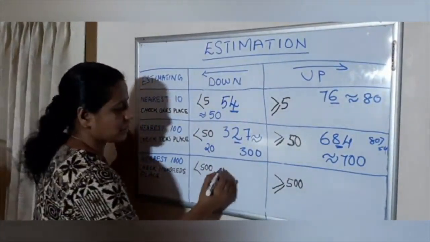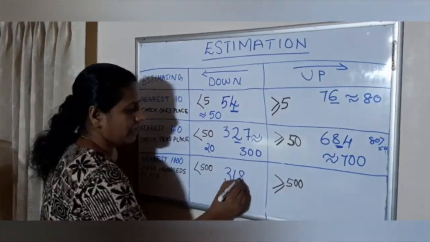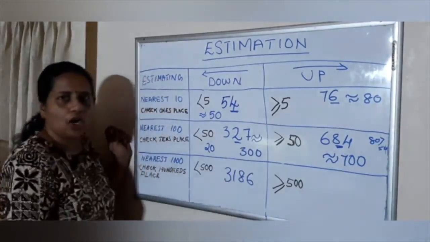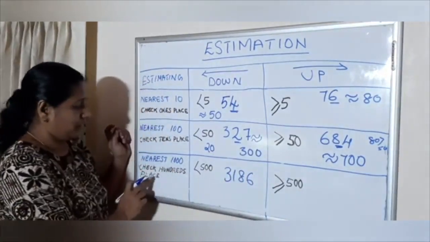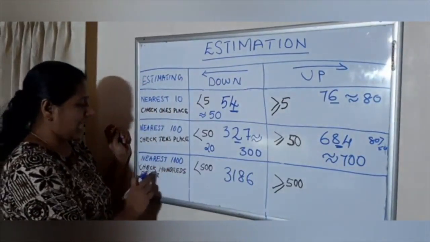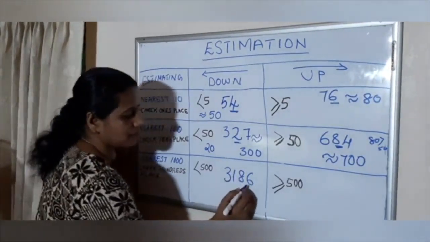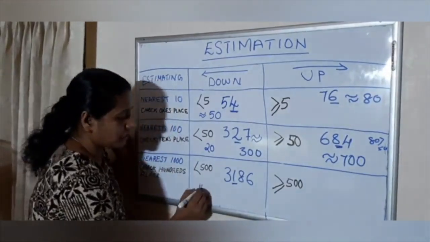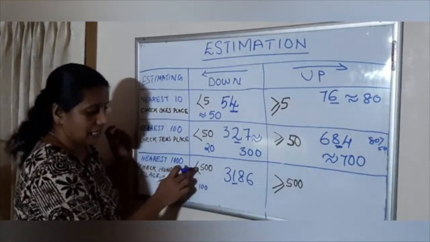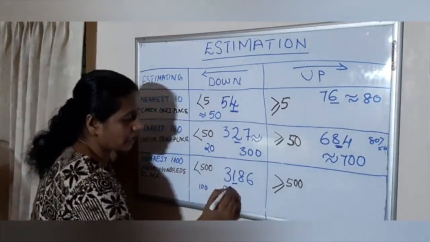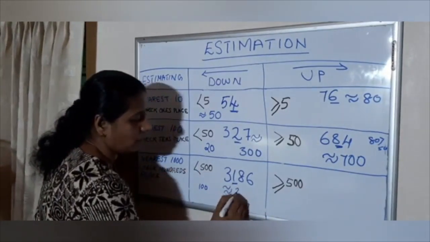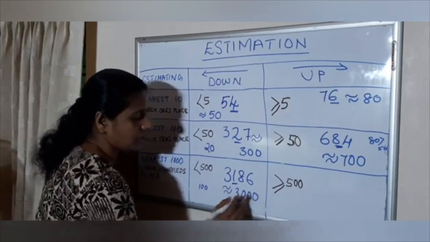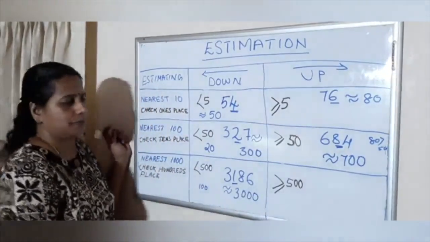For example, 3186. Here we have to take the hundreds place, which is ones, tens, hundreds. This is 1, so the place value is 100. 100 is less than 500. So we are estimating down to the nearest 1000 value, that is 3000.